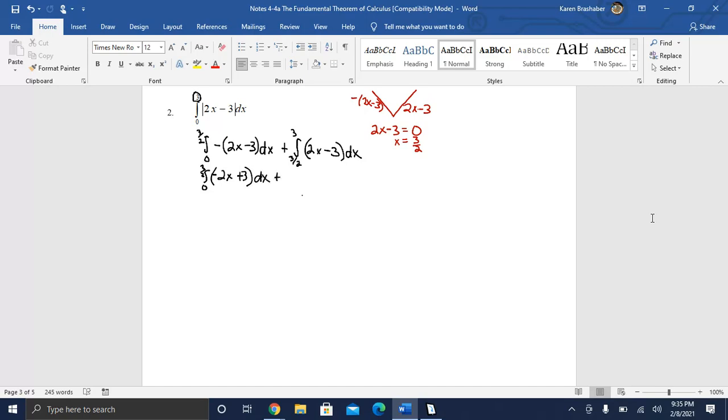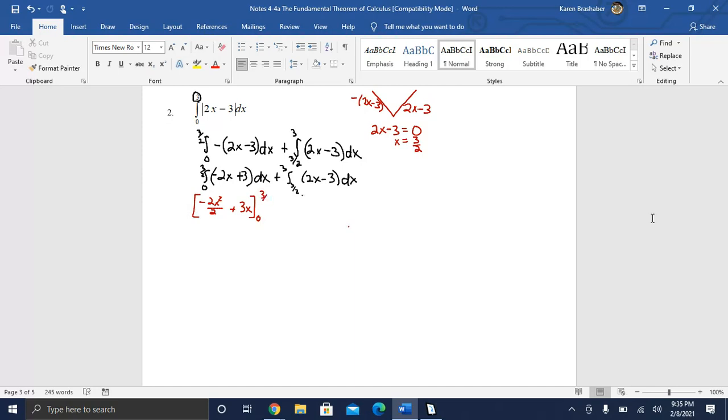And I'm just going to recopy this one, 3/2 to 3 of 2x minus 3 dx. Okay, so now we are ready to apply the power rule. So that would be negative 2x squared over 2 plus 3x. This is being evaluated from 0 to 3/2.